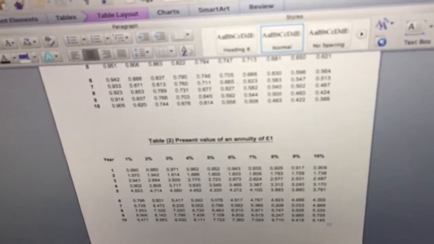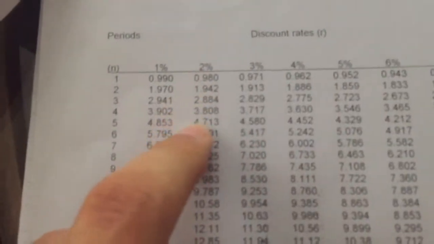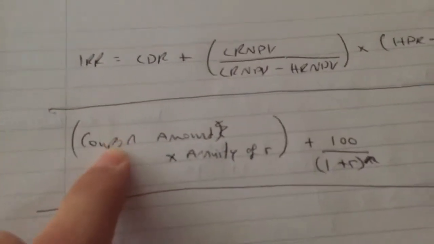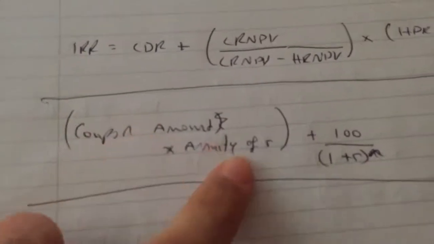This is the right one: the values are increasing each year, from 0 to 1 to 2 to 3 to 4. That's the annuity table, and that's how you know you're looking at the right one. So those are the two formulas: the IRR formula you need to know, and the value of bond formula. Coupon amount, annuity of R, 100 over 1 plus R, and always 100.